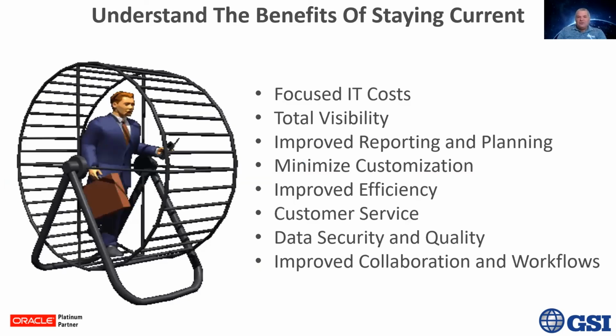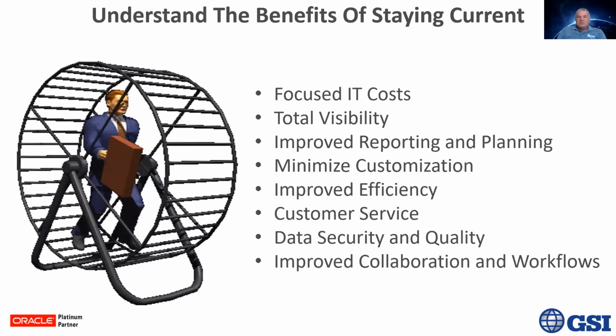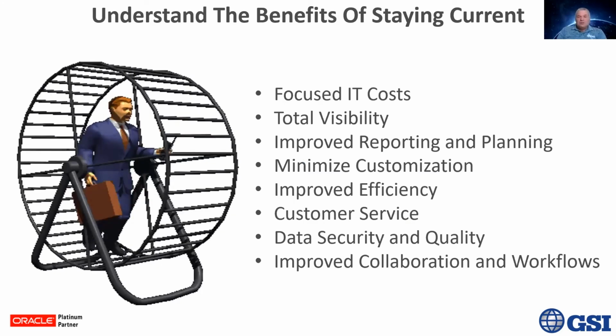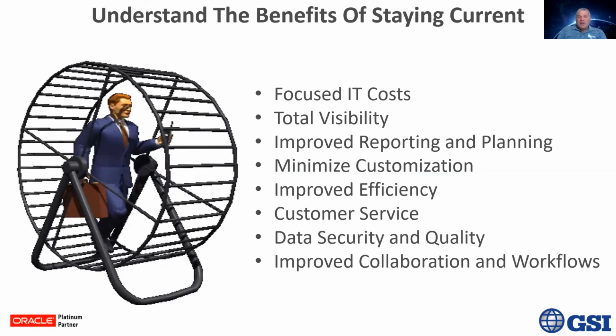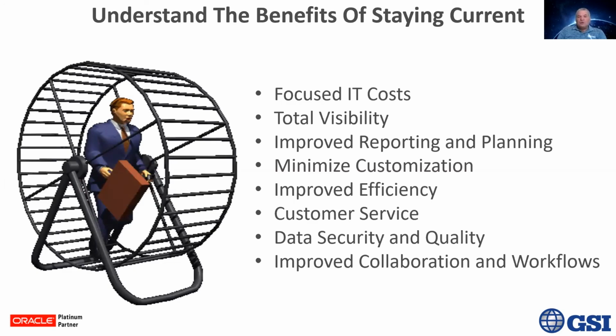You get a focused IT cost. You get better visibility and improved reporting and planning. You minimize customization and the need to involve IT in doing all of that. You're improving your efficiency. Better yet, you're improving your customer service.